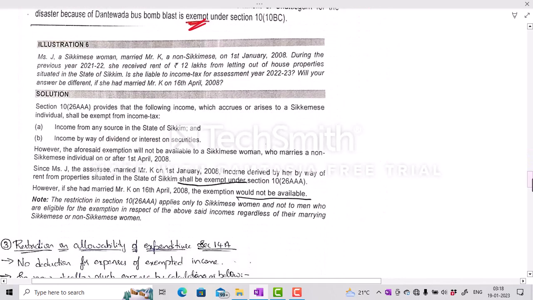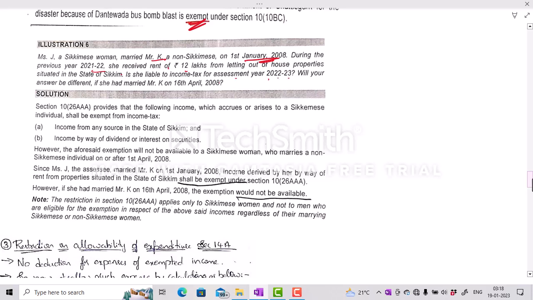Mrs. J, a Sikkimese woman, marries Mr. K, a non-Sikkimese, on 1st January 2008. During the previous year 21-22, she received a rent of 12 lakhs from letting out of house properties situated in the state of Sikkim. Is she liable for income tax for assessment year 22-23?